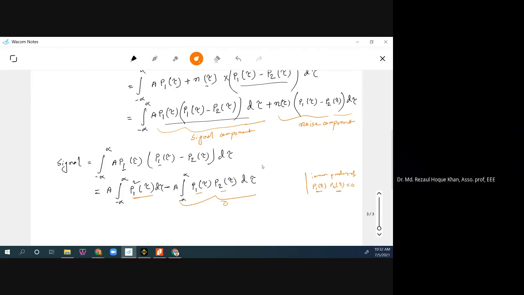So the p1 squared integral is 1, which is called Ep, the energy. We know Ep equals 1. So the signal component becomes A.